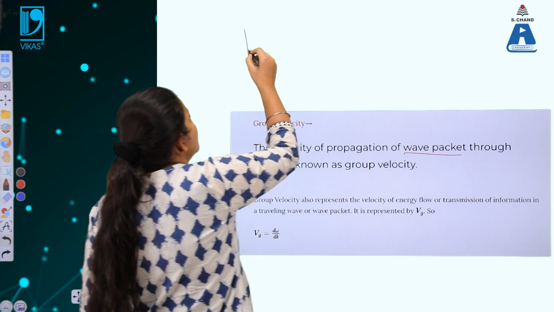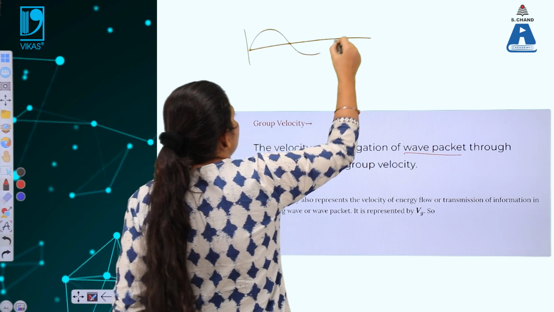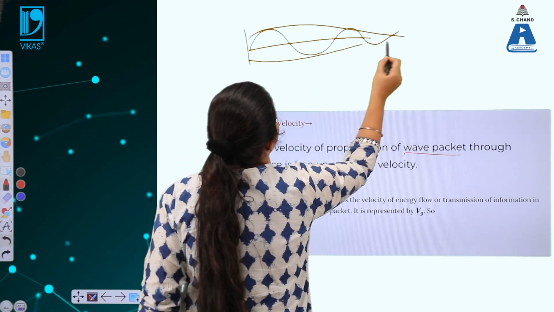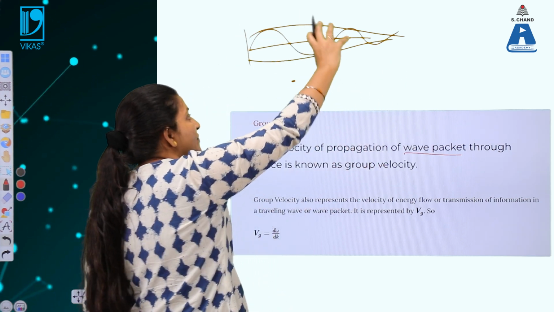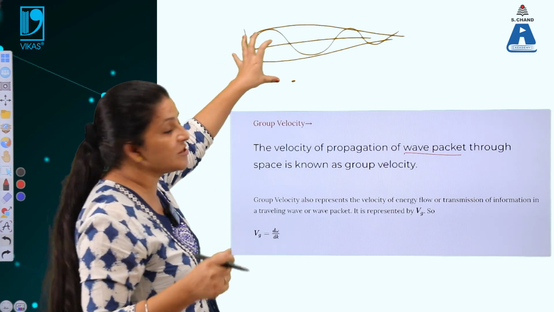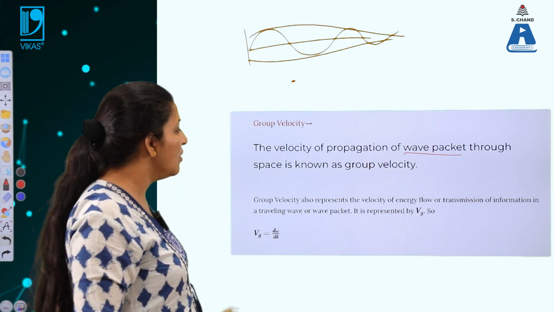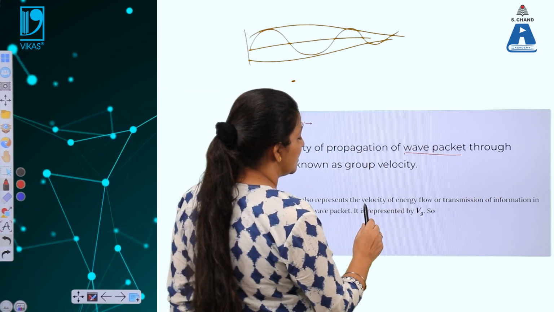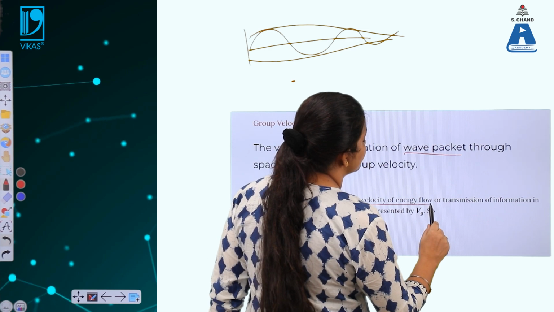So this bunch of waves is also equivalent to a single wave. The velocity of this bunch of waves is equal to the group velocity. Group velocity can also be represented in terms of the velocity of energy flow.